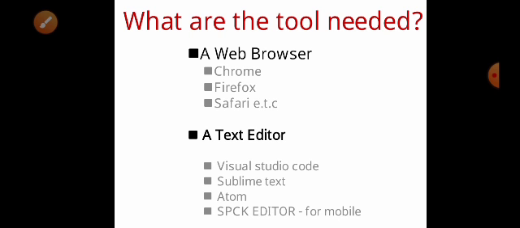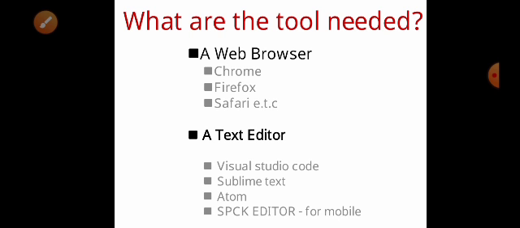Then the next one is the text editor. Now, a text editor is what you use to write your HTML code before testing them on your browser. And there are various text editors you can make use of. We have Visual Studio Code, we have Sublime Text, we have Atom, and we have SPCK Editor for mobile. Now, SPCK Editor is what we'll be using to write our code since we are using a mobile device.